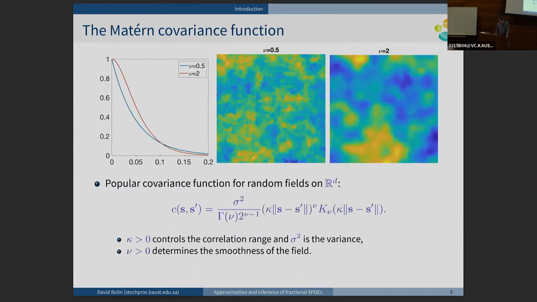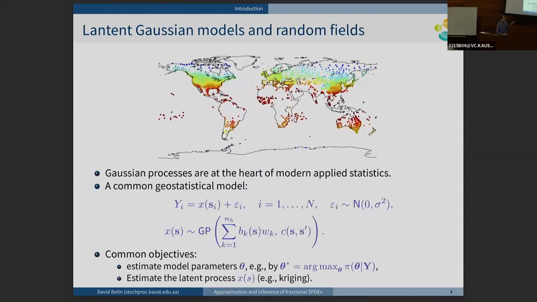So one of the most popular choices: if you want to specify this Gaussian process, you typically have some model for the mean value through, say, some fixed effects or covariates that might be of importance for the problem. And then you have to specify the correlation structure somehow.